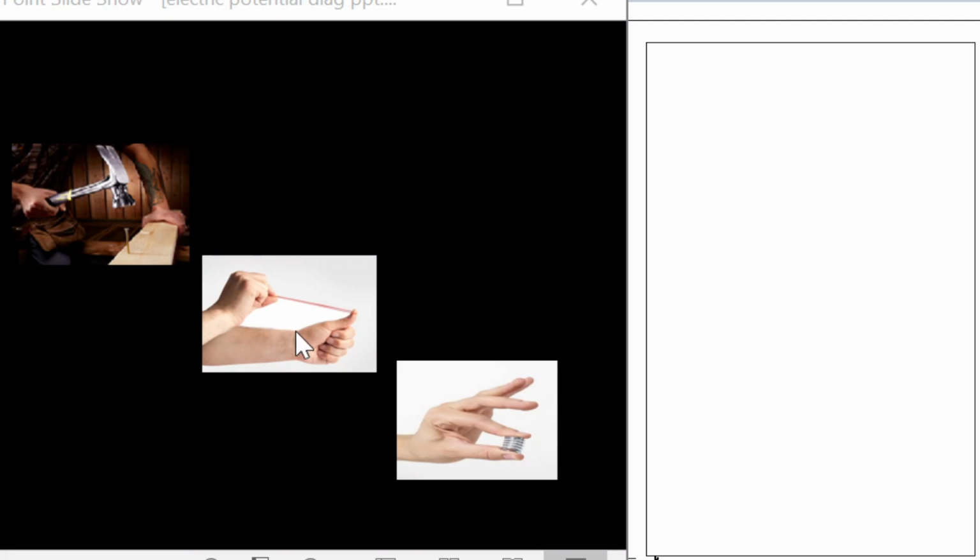Now if we want to change the position or the configuration, work has to be done. Work is always required to change the configuration. Okay, why do we need the work? To change the configuration.